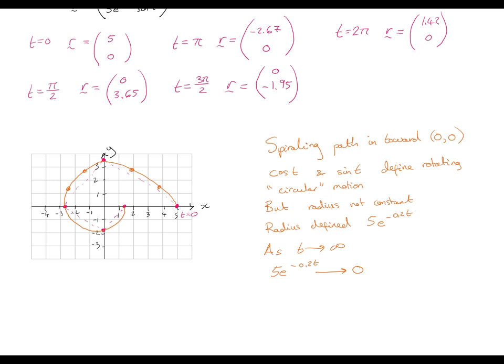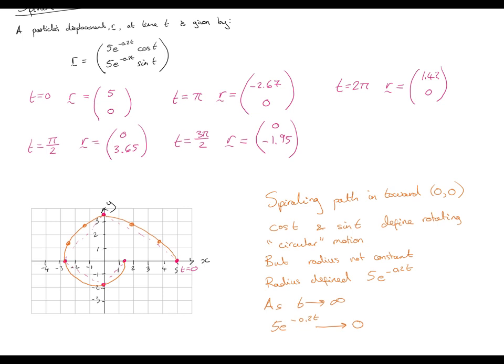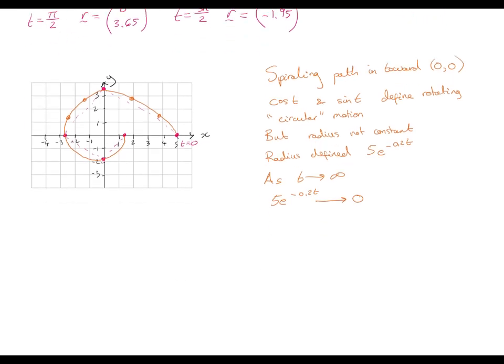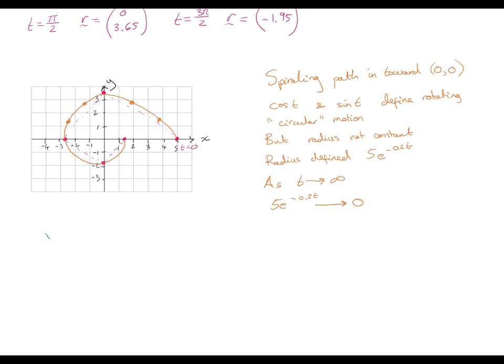Now that we have our position vector defined for this spiraling motion, I can use it in the same way I would for any other type of position vector which is a function of time. I can use it to find the velocity. So if I want to find the velocity, I can use the derivative of the displacement or position vector with respect to time.